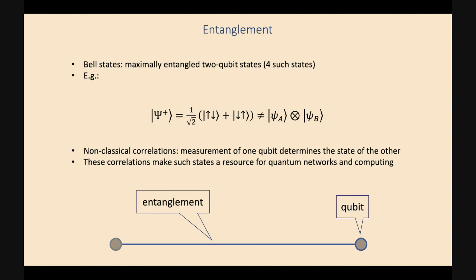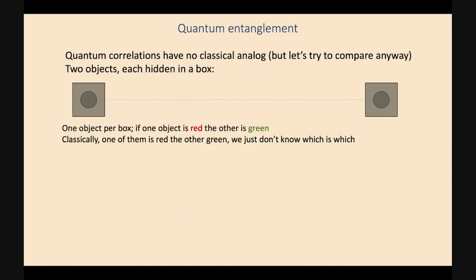So entanglement is an important resource in quantum communications, quantum computing, and as I mentioned already, it's a distinct quantum feature. So if we try to think about contrasting quantum correlations versus classical correlations, we can try to make an analogy and see where this analogy fails.